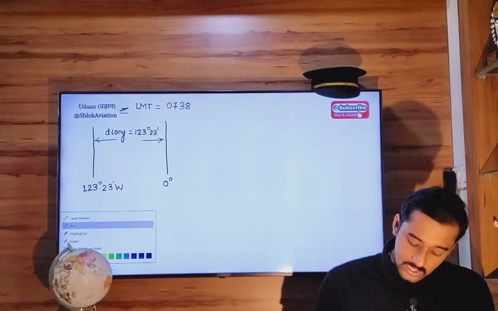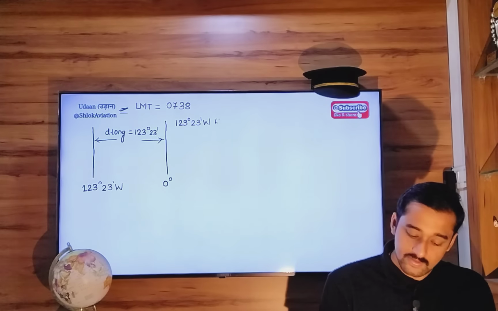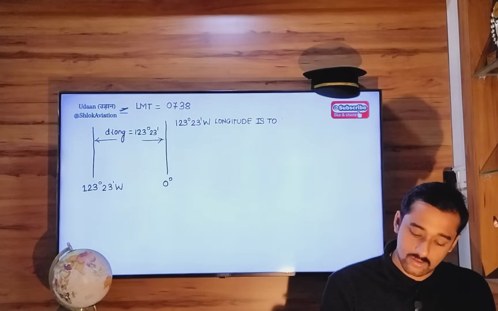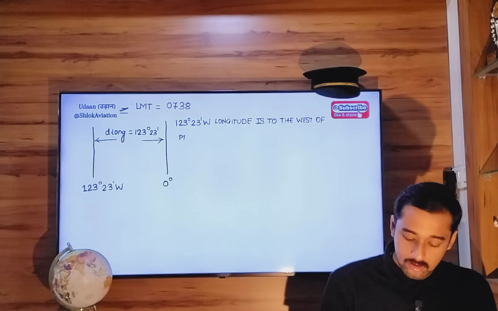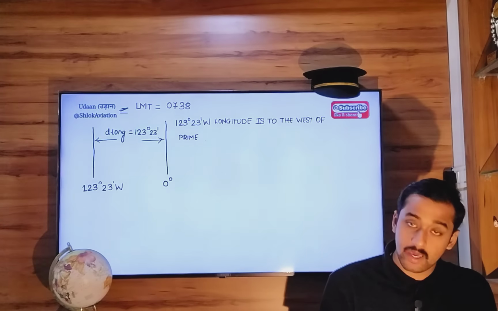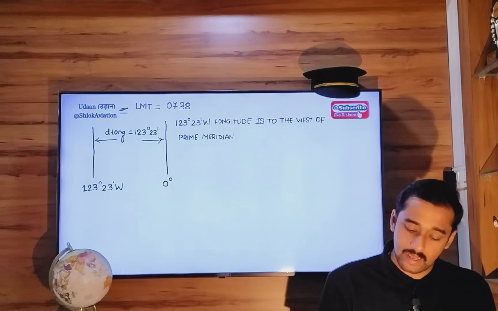Next, 123°, 23 minutes west longitude is to the west of prime meridian.